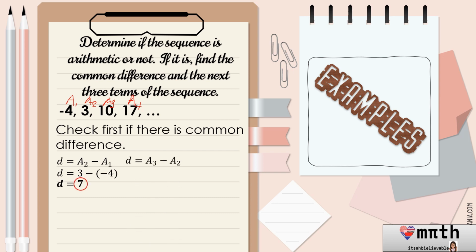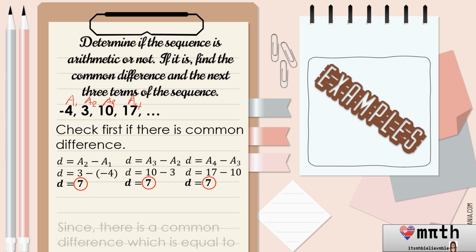That will be a sub 3 minus a sub 2. That will be 10 minus 3, which is equal to 7. And lastly, let's try the fourth term minus the third term, which is 17 minus 10, also equal to 7. As you notice, we have a common difference which is equal to 7.